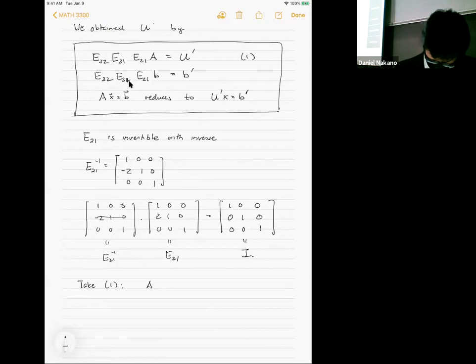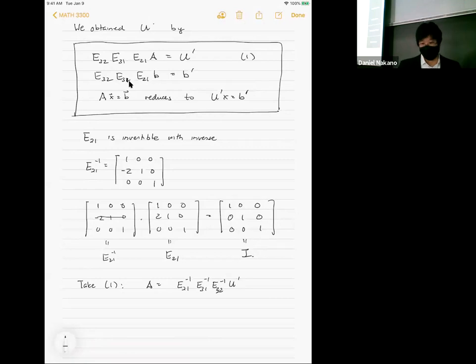So A will be, okay, so U prime, so I have to take the first inverse, it's E21 inverse, or E32 inverse, okay, E31 inverse, and then finally E21. Okay.